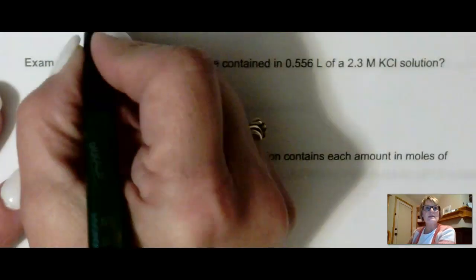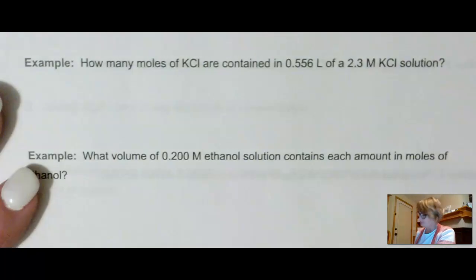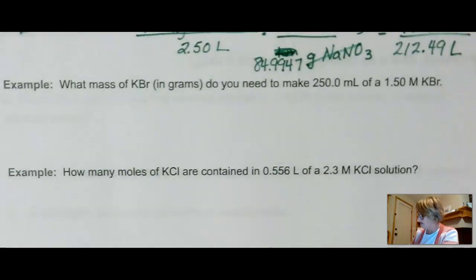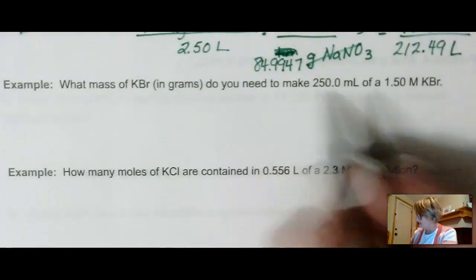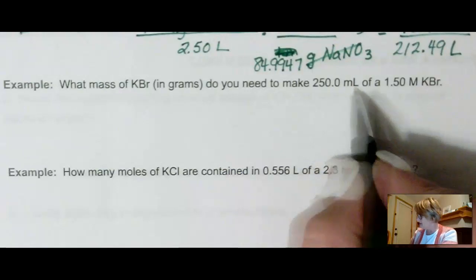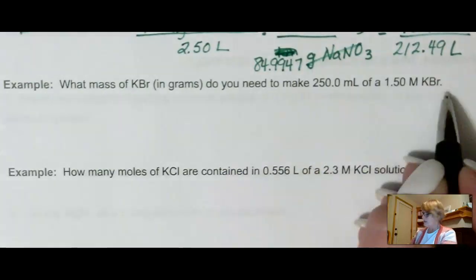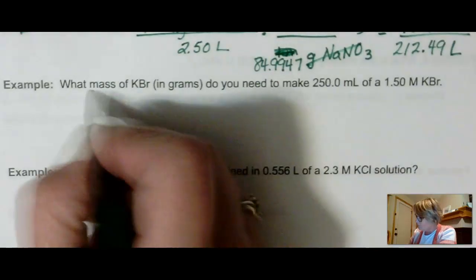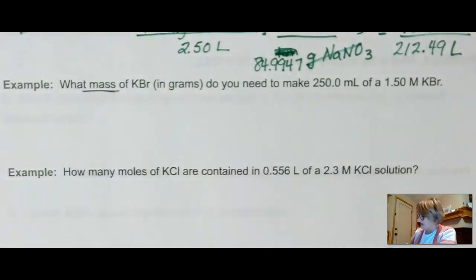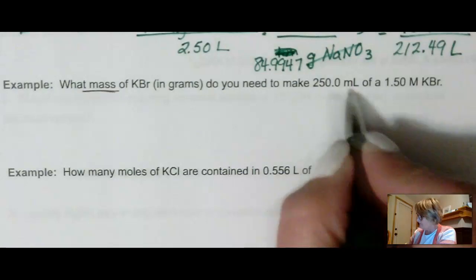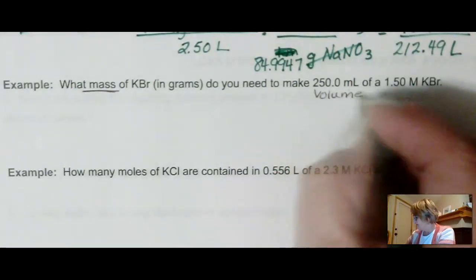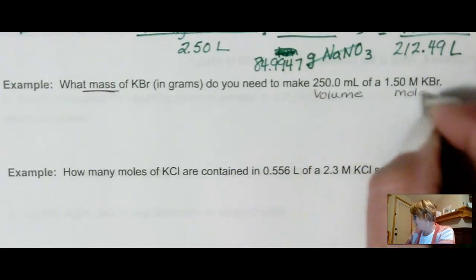The first one says, what mass of potassium bromide in grams do you need to make 250 milliliters of a 1.5 molar potassium bromide? So again, it's asking for what mass, and we're given the volume and the molarity.